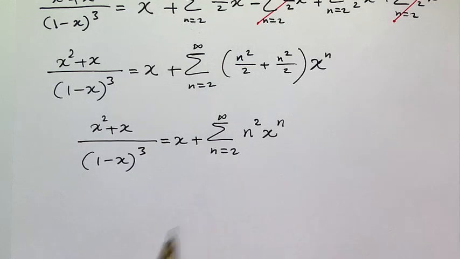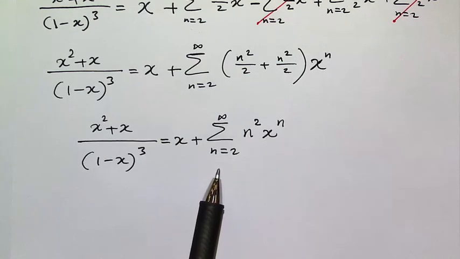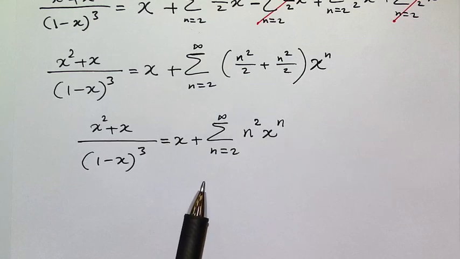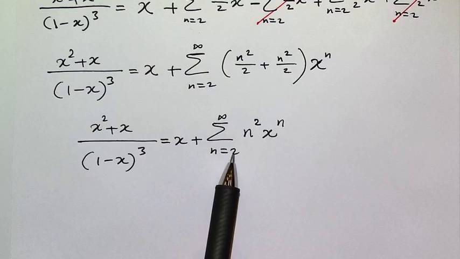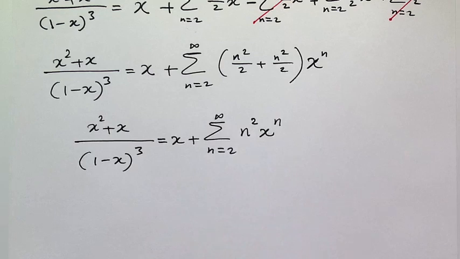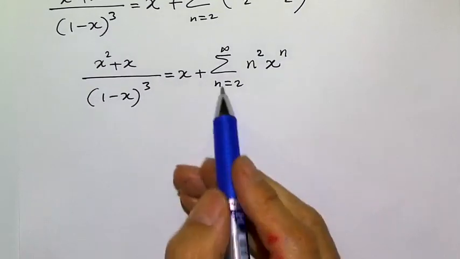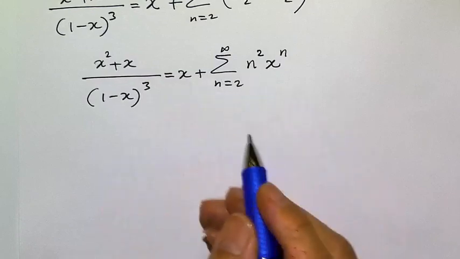So for n equals 1, let me write this as a comment here. Note that we can still combine these two, and here's why.